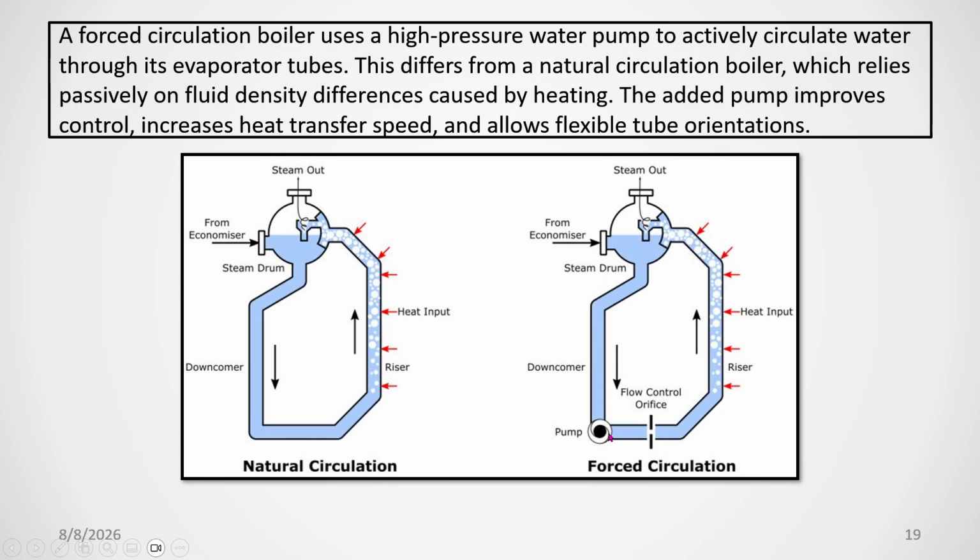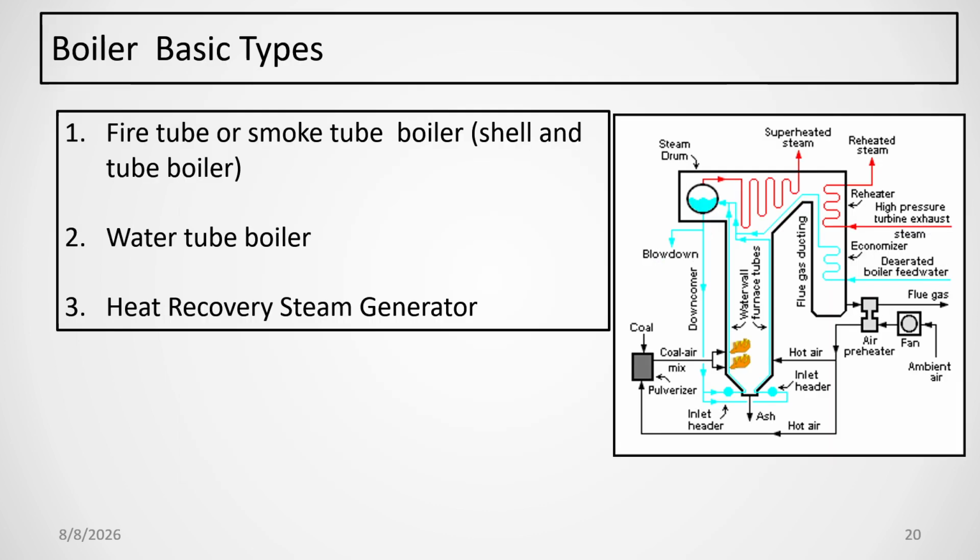Here, natural circulation plus another pump is used, that is called combined circulation or forced circulation. That is also one type of boiler. We are using both forced and natural. Then the basic types: fire tube boiler, water tube boiler, heat recovery boiler.